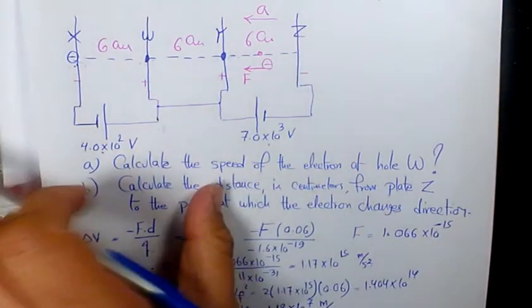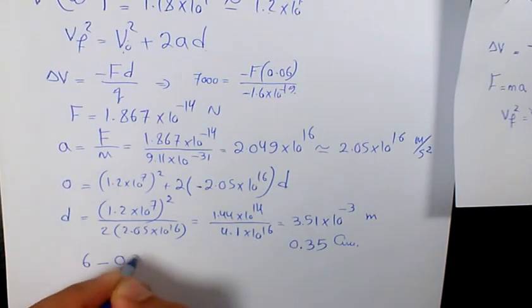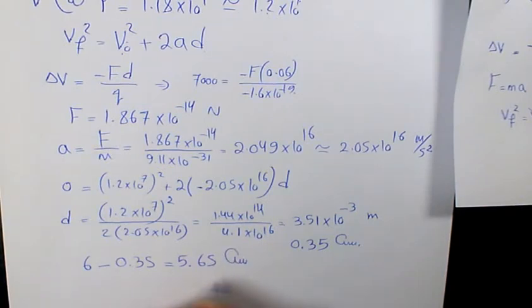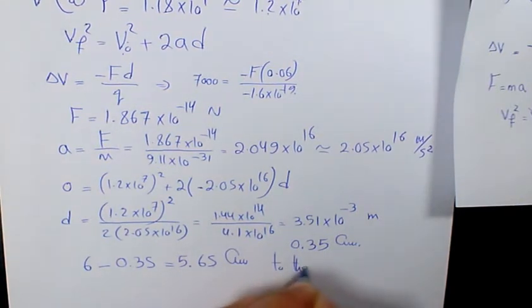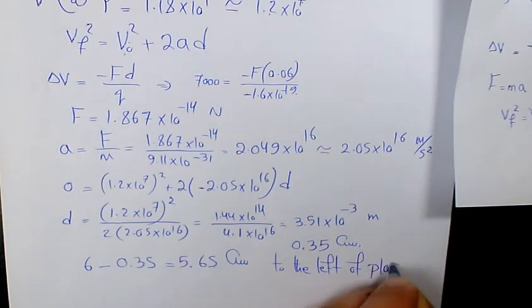The whole thing is 6 centimeters, so it's 6 minus 0.35, which is 5.65 centimeters to the left of plate Z.